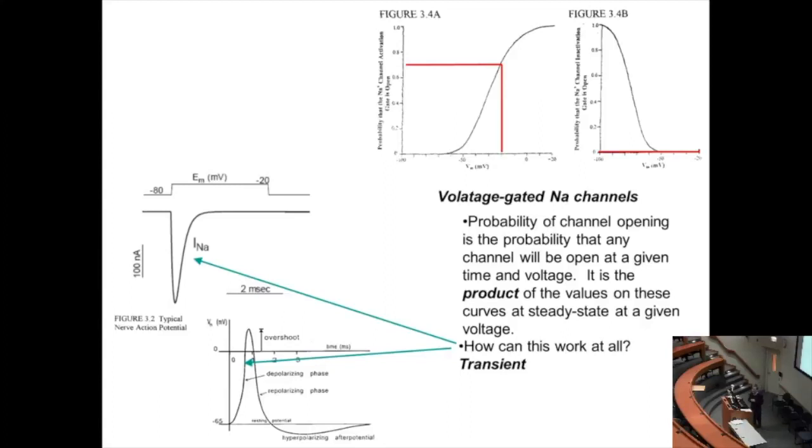So that is the difference between your two gates. Your activation gates, when the voltage goes up, wham, they open quick. They're ready to go. Microseconds, they're up and they're going, okay, and they're open. The voltage goes up, the inactivation gates want to close, okay, but they're slow.